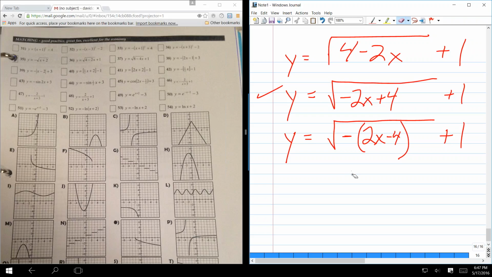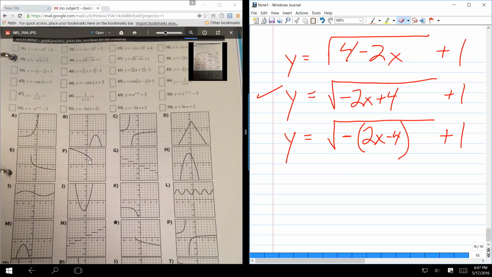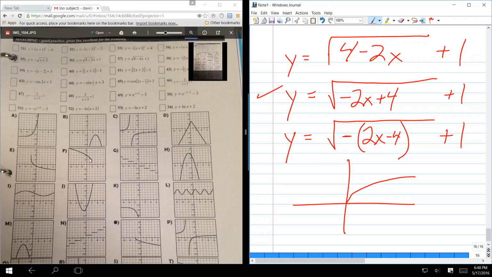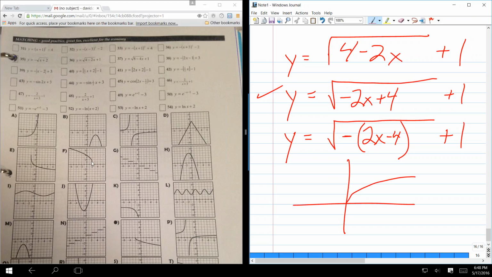So let's find that curve. Let me draw the normal curve again. The normal curve is this. So if I flip it over the y-axis, it's going to look a little like f. And if I shift it, now f is shifted 2 units. Ooh, hold on a moment.